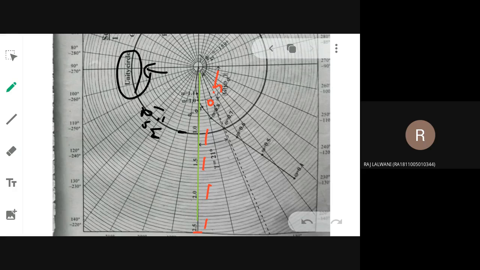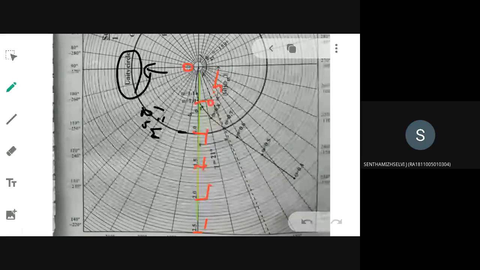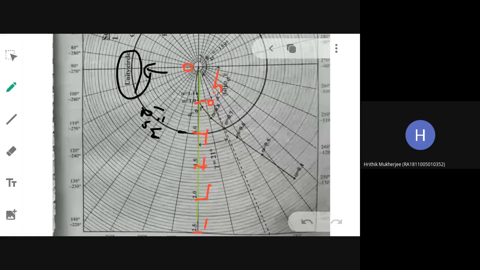This one is 2. This one is 1.5. Like that. This is 0. So like that you have to take the scale for magnitude. Understood magnitude scale markings or not? Yes, ma'am.